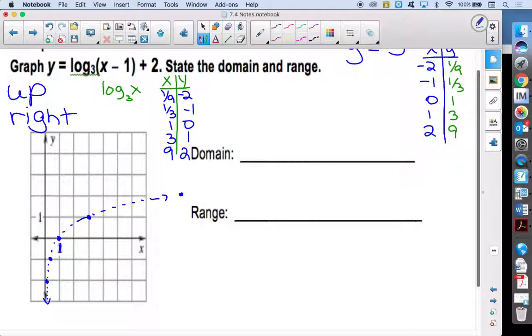So it goes up 2 and right 1. So this part here still moves it to the right. The plus 2 still moves it up 2. So we're going to take our points. Right 1, up 2. Right 1, up 2.